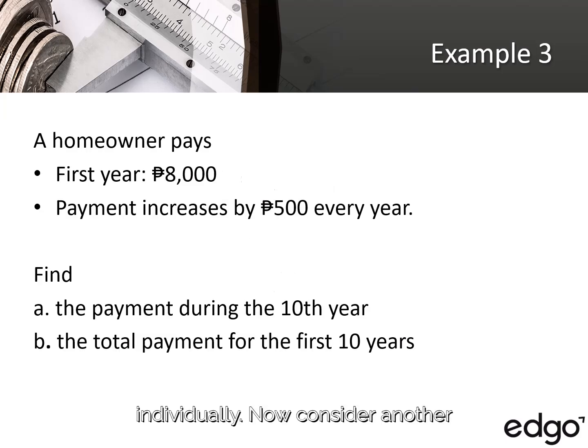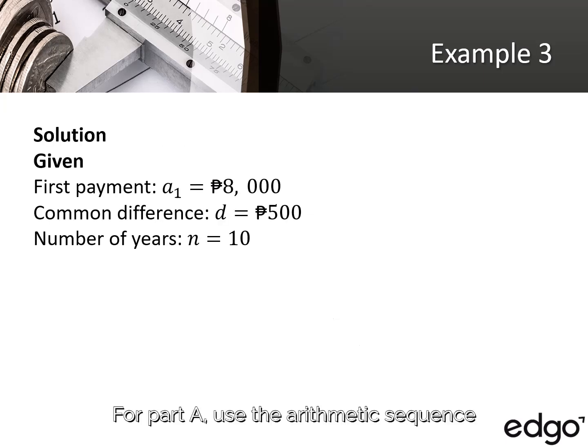Now consider another example. A homeowner pays 8,000 pesos during the first year. The payment increases by 500 pesos every year. First, determine the payment during the 10th year. Second, determine the total payment for the first 10 years. For part A, use the arithmetic sequence formula because we are looking for one payment.